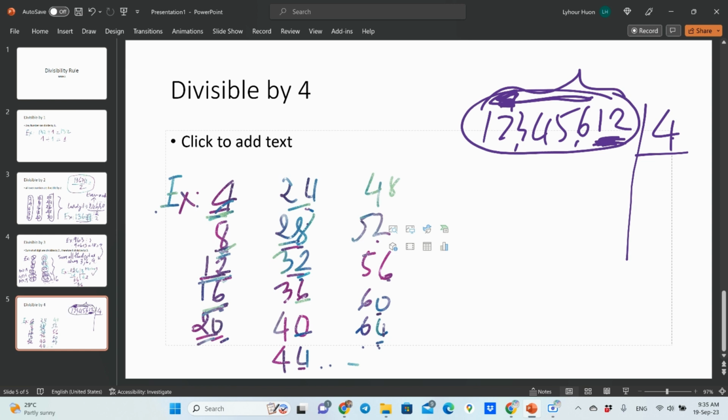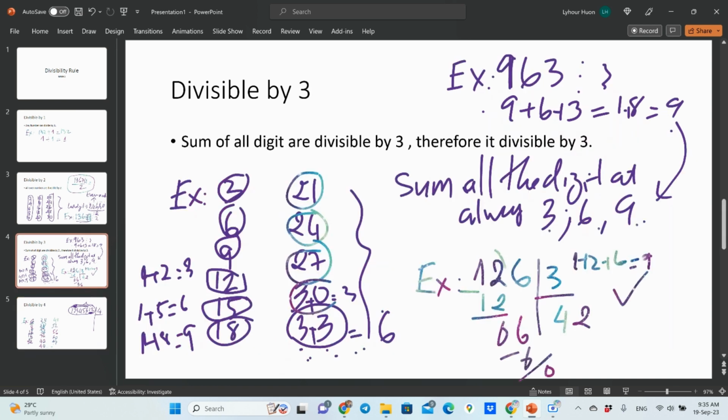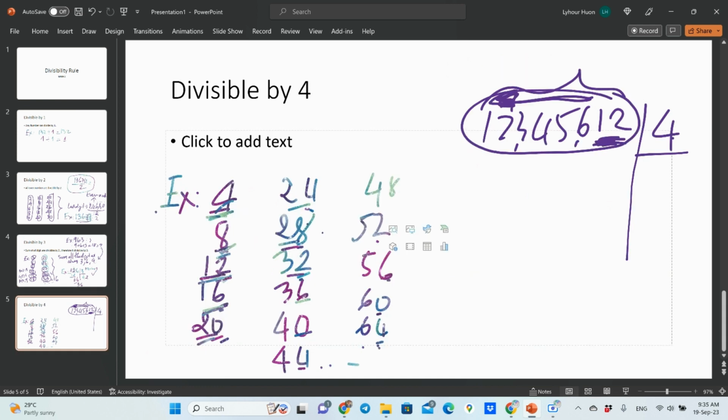Okay, then we can check. So if like 12,345,612, does it really happen as in the rule? So 3 times 4 is 12, and then we have 0 here, drop the 3. We cannot divide by 3, so we add 0, we drop another 1, which is 4. So 8 times 4 is 32, and then we have 2 here, drop the 5.